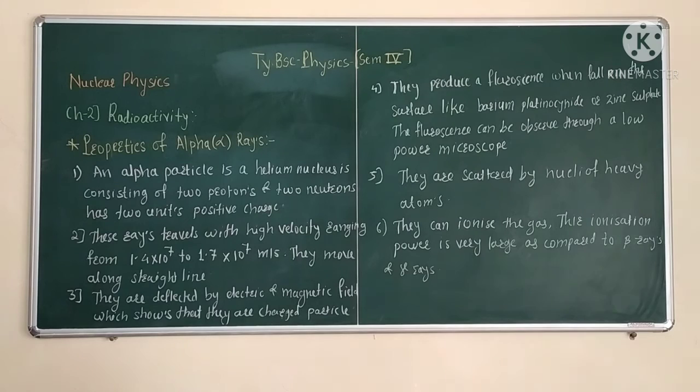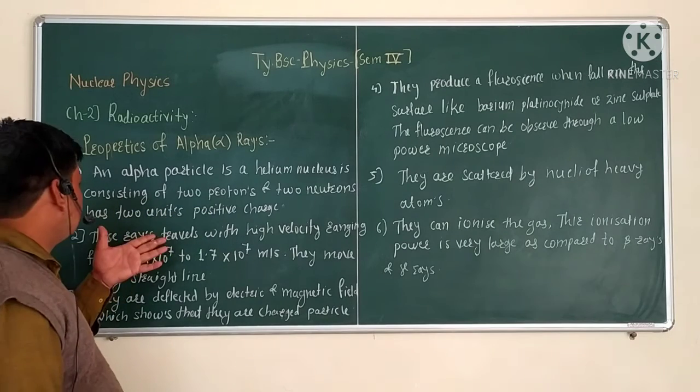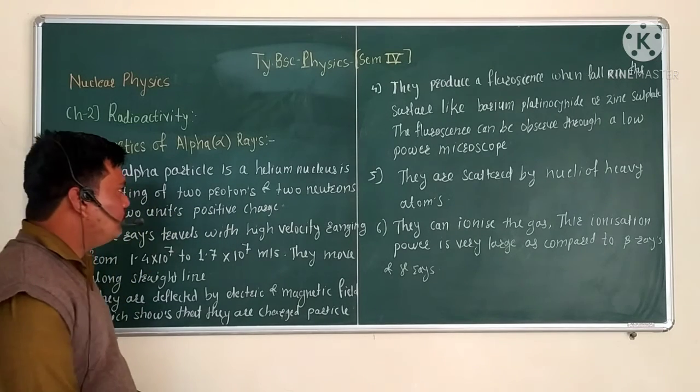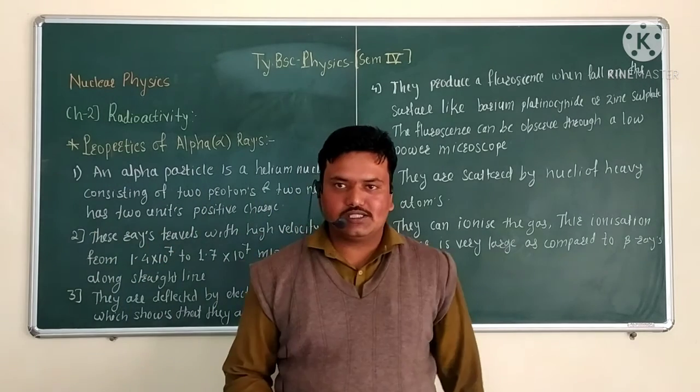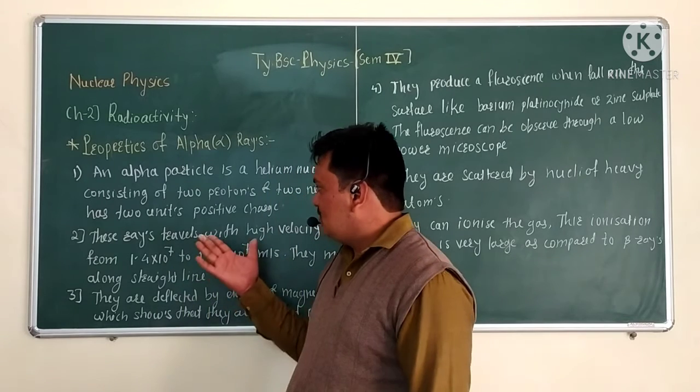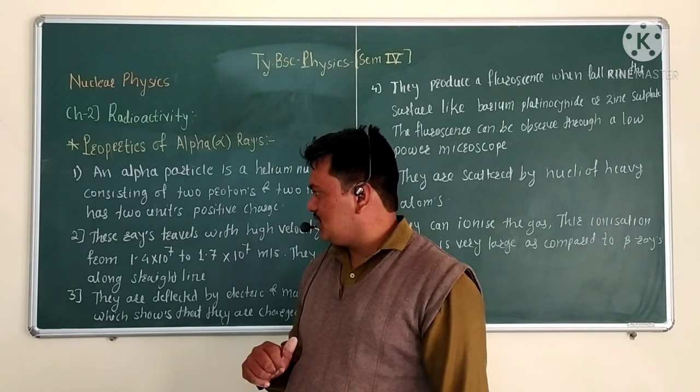The first property is that the alpha particle is a helium nucleus consisting of two protons and two neutrons, and that's why it has 2 units of positive charge.